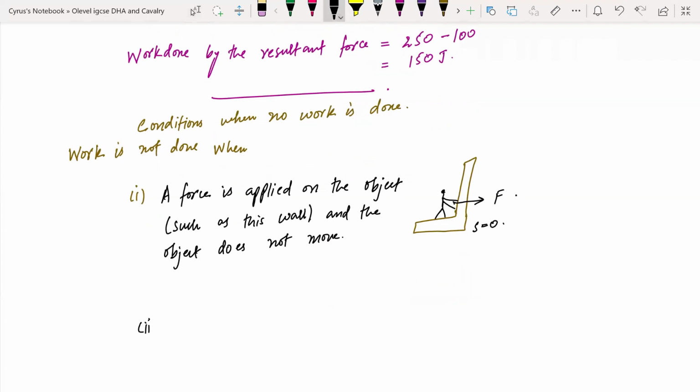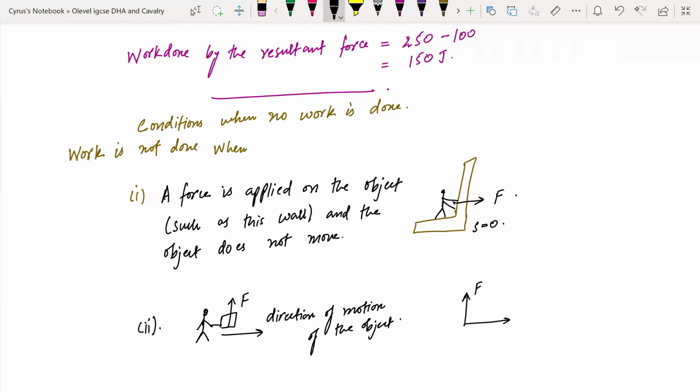Case number two is you have an object and there's a person here. The person is moving like this. This is the direction of motion of the object. The force that is being applied by the person is perpendicular to that, right? So when the force and the direction of displacement are perpendicular, the work done is zero.